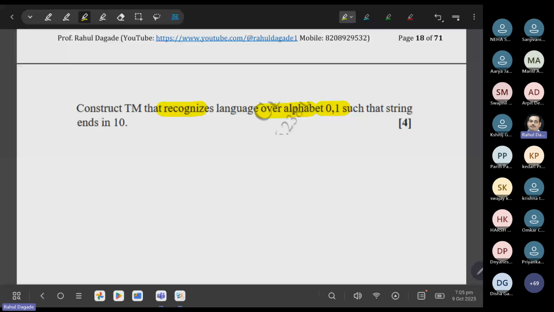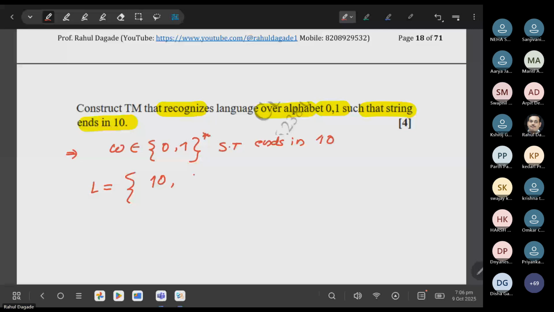So what language does it accept? The minimum string that it accepts is 10 because it is ending in 10. Then the next strings are 010 and 110. That is also part of this language.